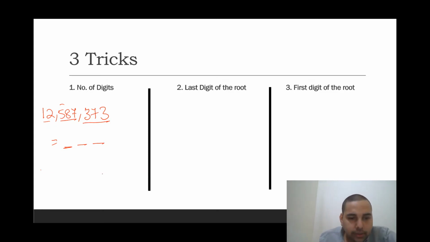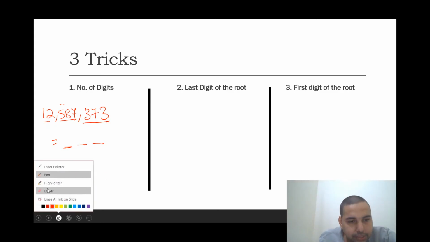So what is the formula, right? Can I come up with a formula? So here is the formula.